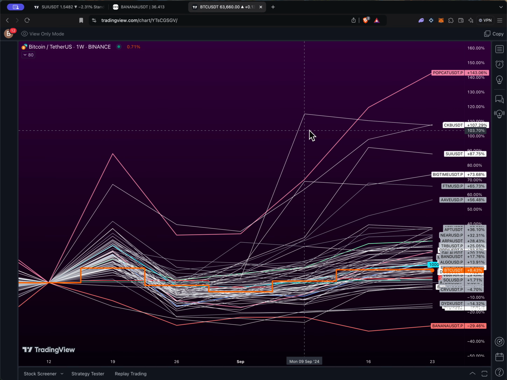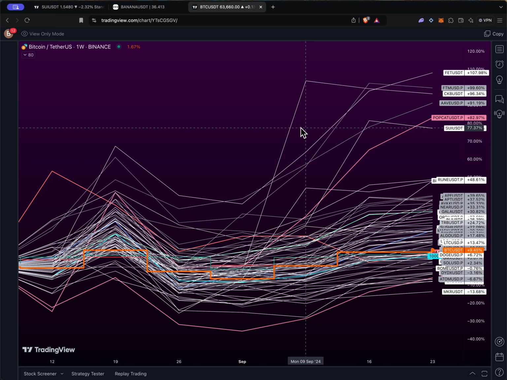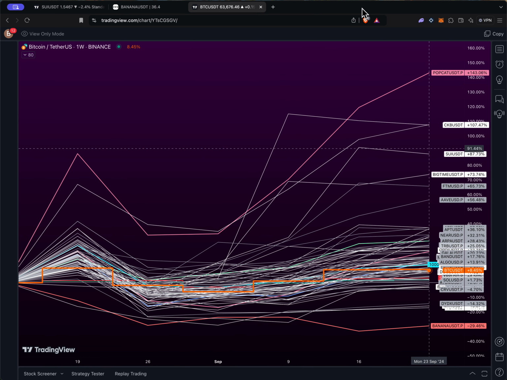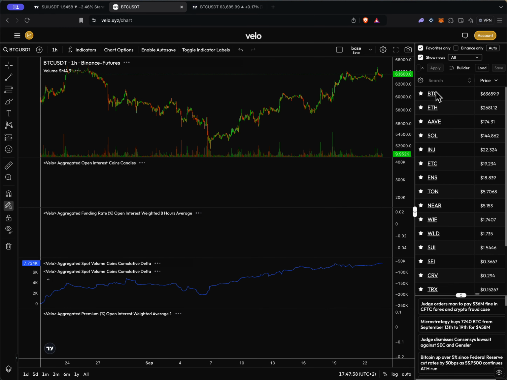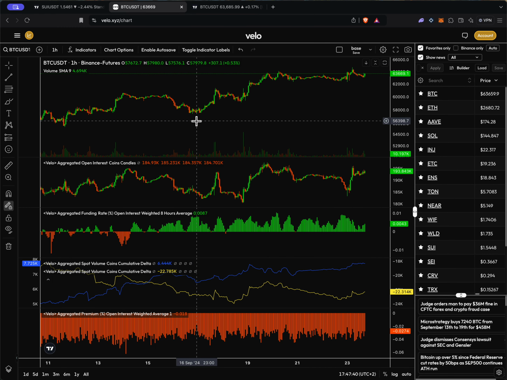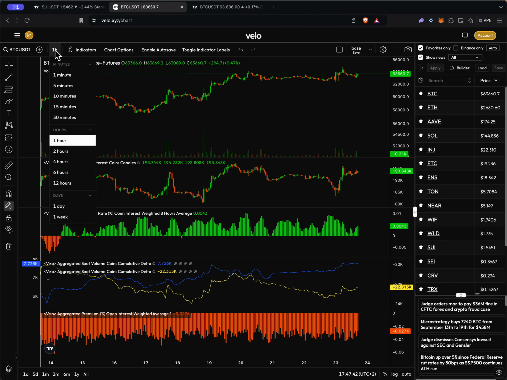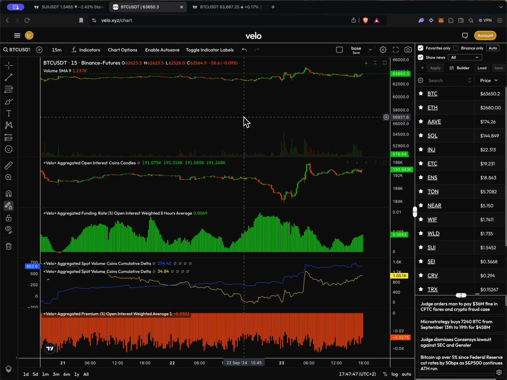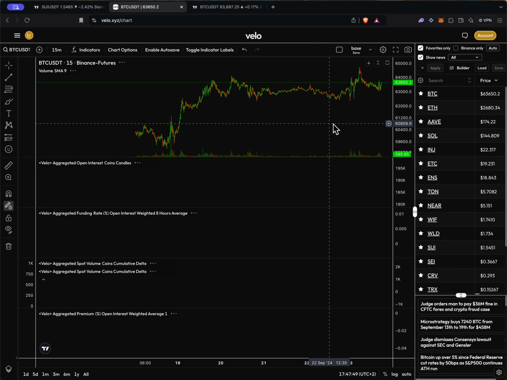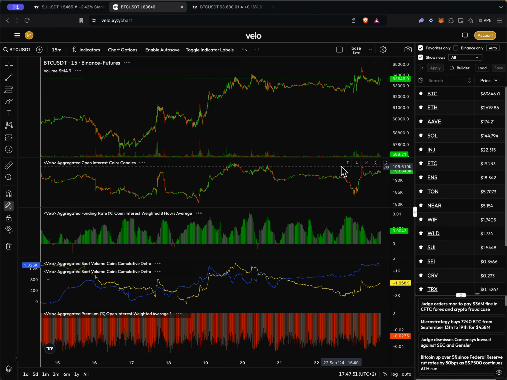Is the point about the relative strength, the spaghetti chart, clear? Or do you guys have any questions about this one? Okay, so it looks like everything is clear so far.